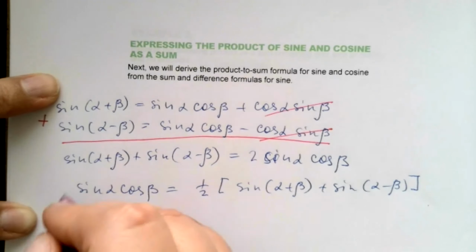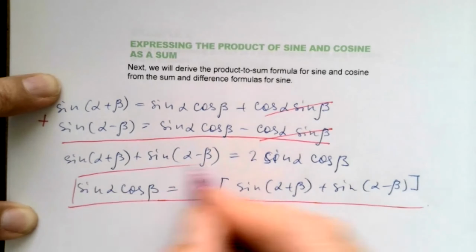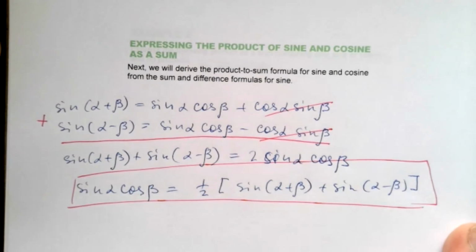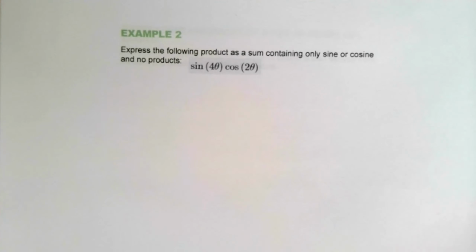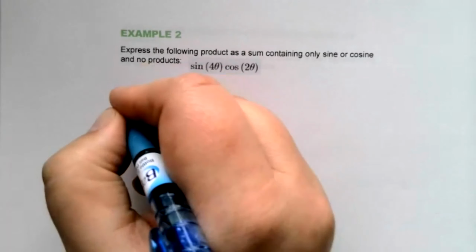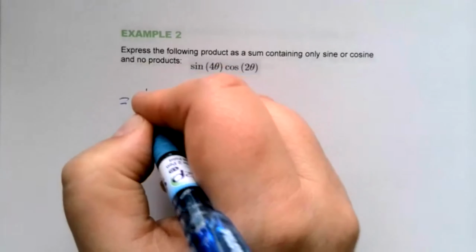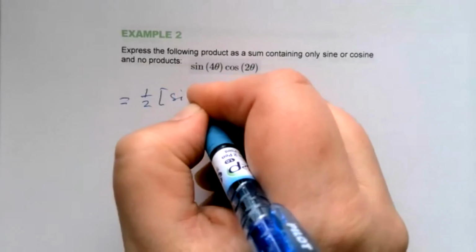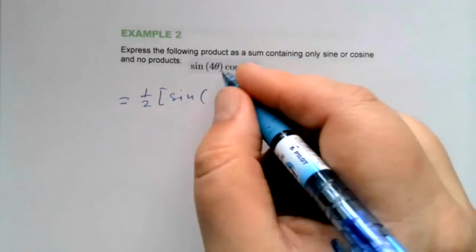Again, this is a second formula in our collection of formulas, and we're going to use it in this example. Express the following product as a sum containing only sine or cosine and no product. Okay, so according to the formula that we just derived, we're going to have 1/2 of the sine of the sum, alpha plus beta.